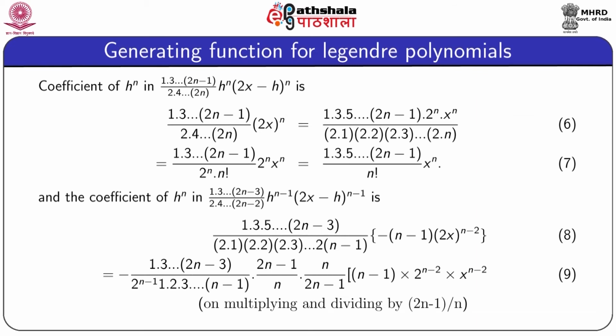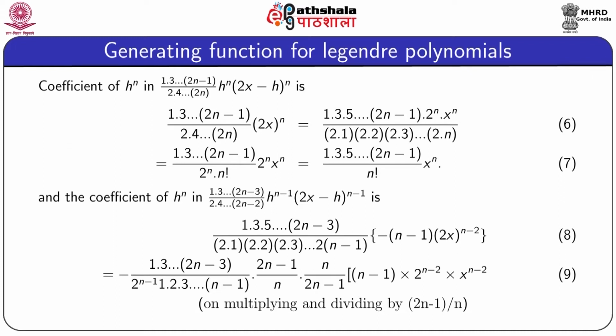We now find the coefficient of h to the power n in the expansion of the nth term, which is 1.3 dot dot 2n minus 1 divided by 2.4 dot dot 2n into h to the power n into 2x minus h whole to the power n. Please note that if you expand 2x minus h whole to the power n, the first term will be 2x whole to the power n.